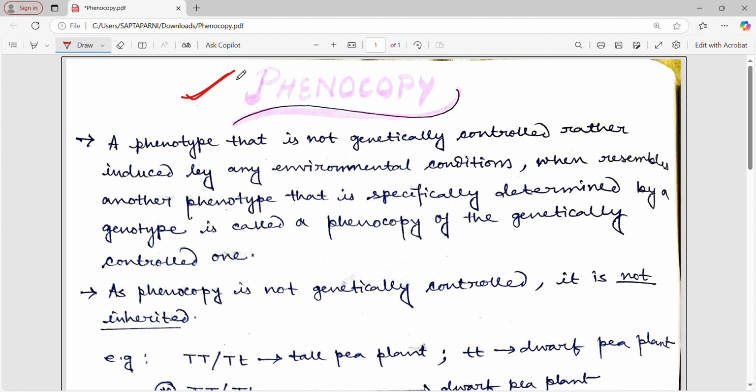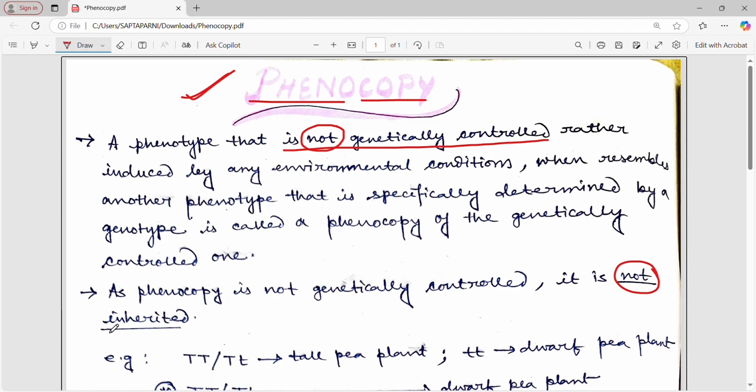See, from the name it is evident that phenocopy is a phenotype which is a copy of another phenotype. Pheno means phenotype and copy means copied phenotype. So phenocopy is such a phenotype that is not genetically controlled, so obviously it will not be inherited.